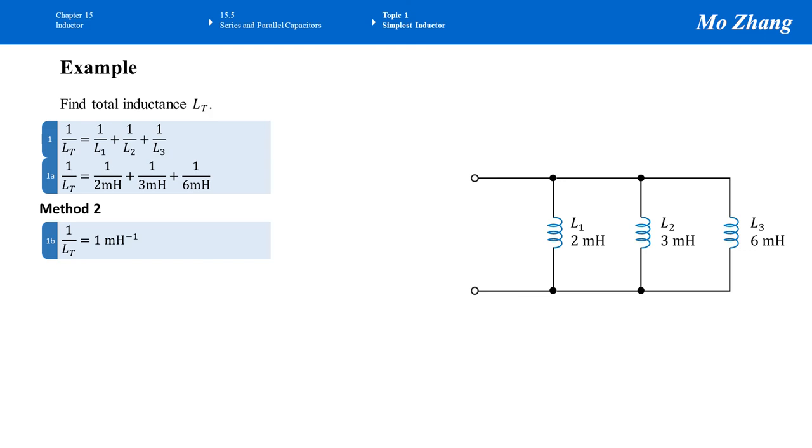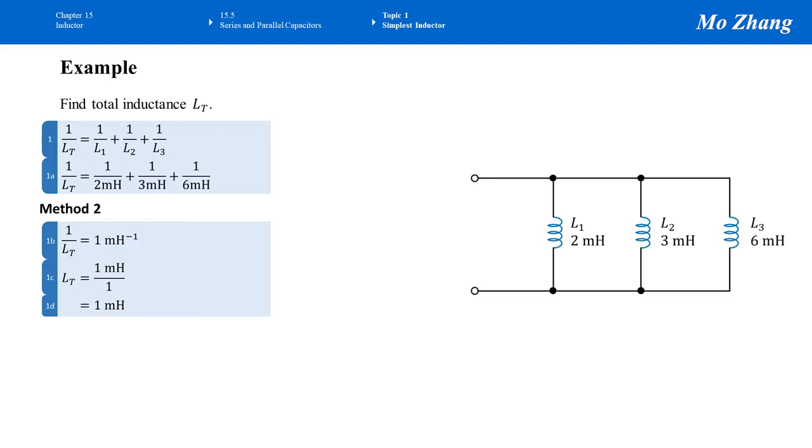The reason is the value here is the reciprocal of the total inductance, Lt. Take the reciprocal of the unit here just to match the expression, the 1 over Lt. And after flipping both sides of the equation, the left-hand side is Lt, the total inductance. On the right-hand side of the equation, we flip both the number and the unit. The result becomes 1 millihenry over 1, which is 1 millihenry.